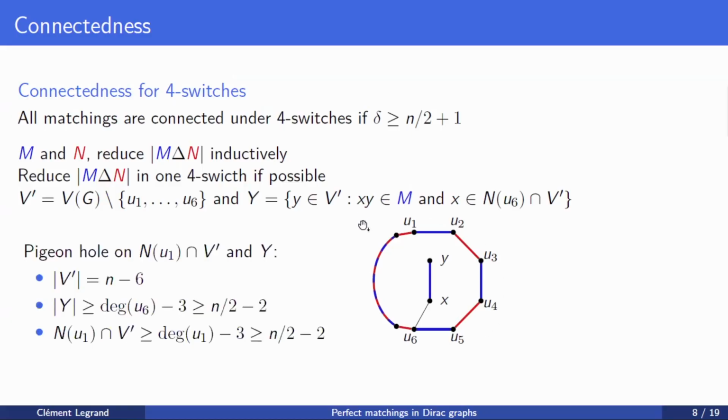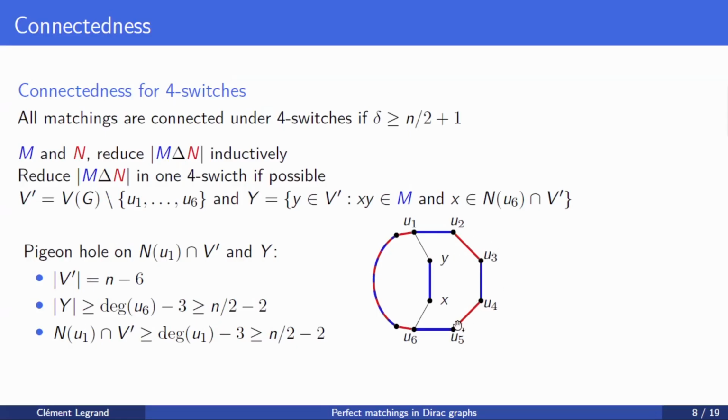So that means that the size of this Y is the degree of U6 minus 3. It's at least n over 2 minus 2. And now, the degree of U1 is also n over 2 minus 2. So by pigeonhole, this Y and the neighborhood of U1 intersected with V prime must intersect. So that means that I can find an edge here, and now I have this.